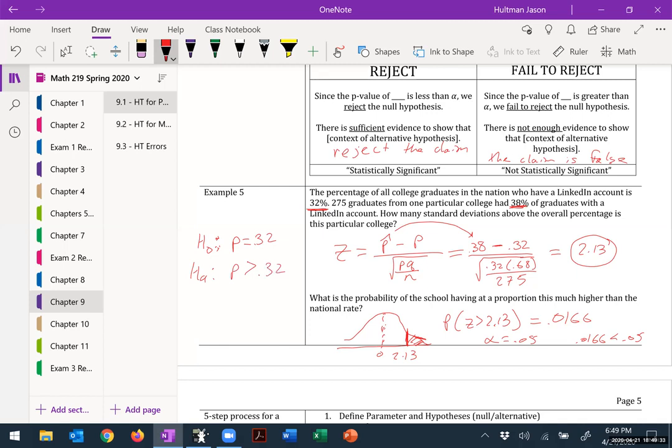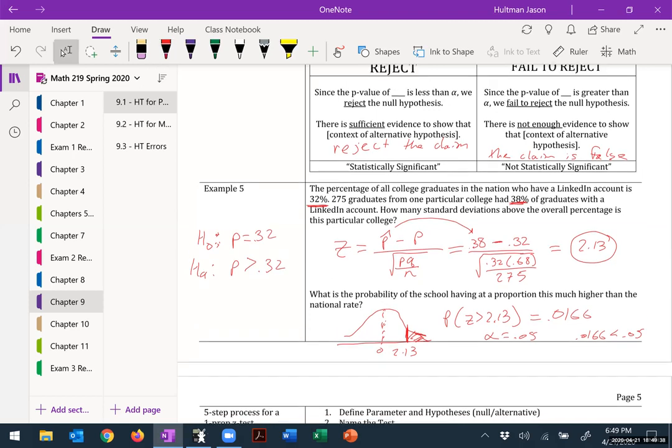In this case, using an alpha of 0.05, we would reject the claim. We would say no, there's no way they're at 0.38. We would reject the claim that they are at the national average. We would reject the null and accept our alternative.